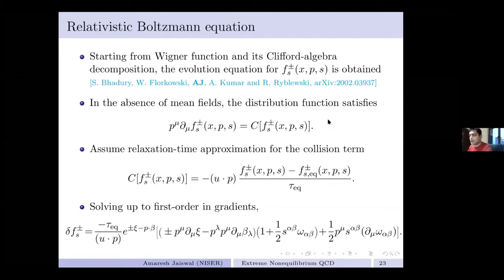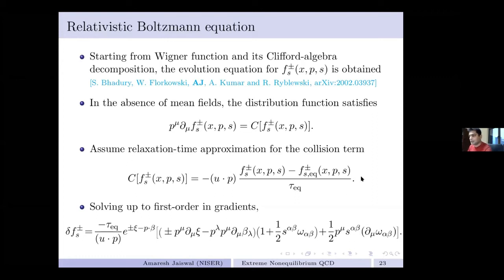So one can write down a Boltzmann equation with some collision term. For the time being, we ignore any mean field, so for example we do not consider any magnetic field. We just see the effect of collisions on the evolution of the distribution function, which depends on position, momentum, and spin as well. For simplicity, let's start with the relaxation time approximation for the collision term.